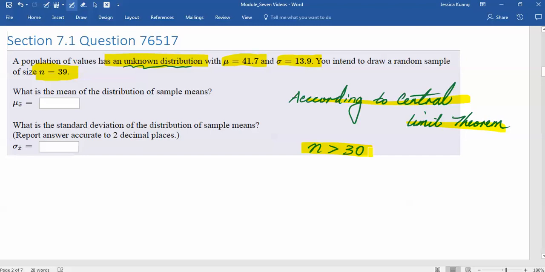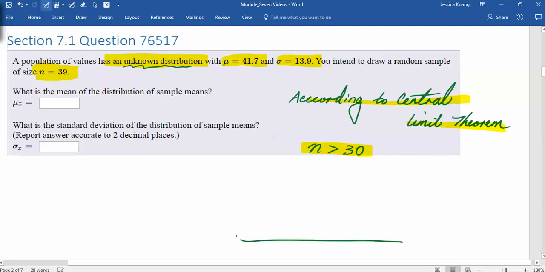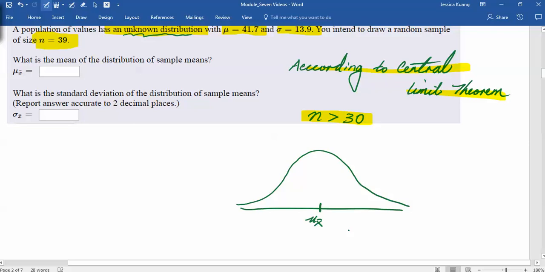And eventually, the mean, not the original population, but the mean will have a normal distribution with the mean of the distribution equals, so that's the mean of the sample mean. It's kind of a mouthful, but that is what I mean.